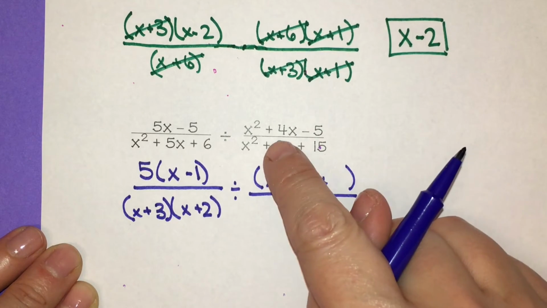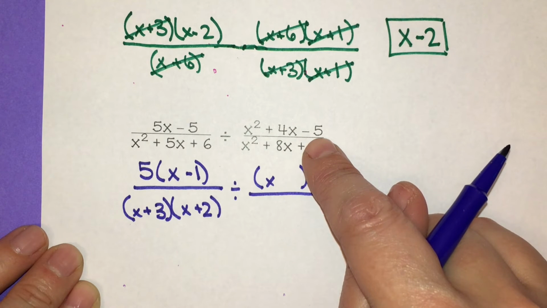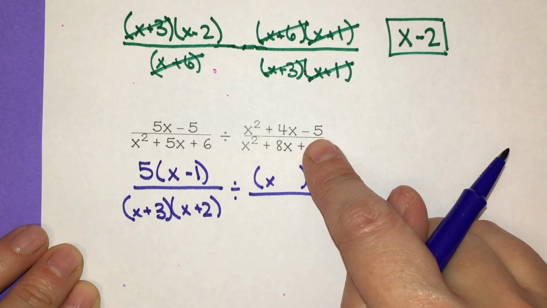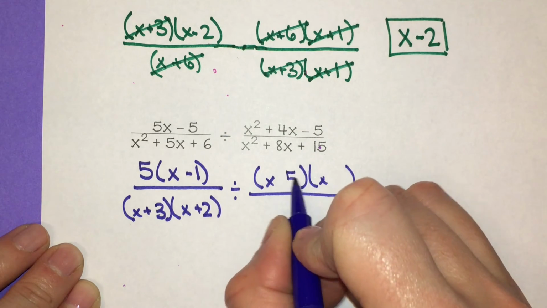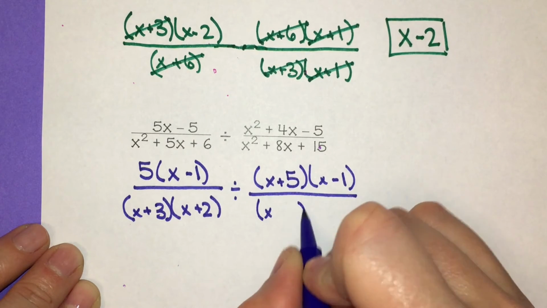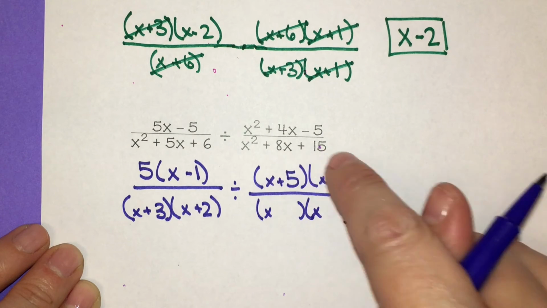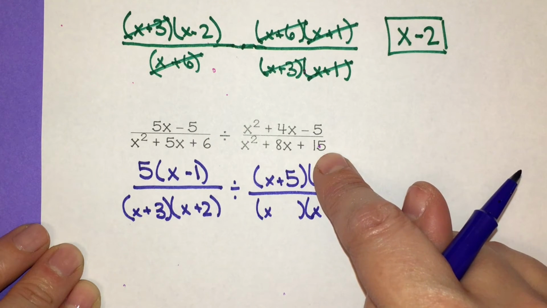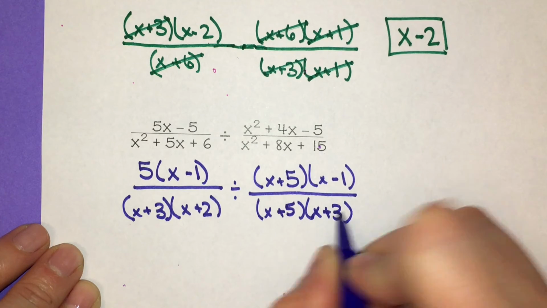All right, what adds together to equal 4, multiplies together to equal negative 5 is positive 5 and negative 1. And the bottom quadratic adds together to equal 8, multiplies together to equal 15, is positive 5 and positive 3.